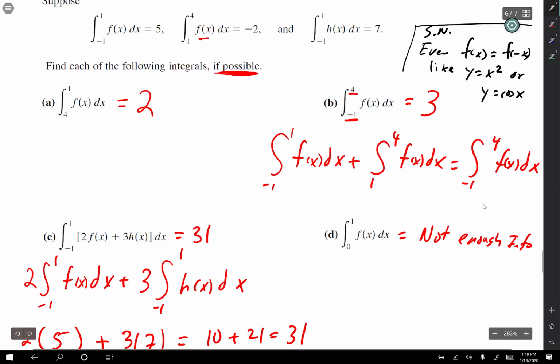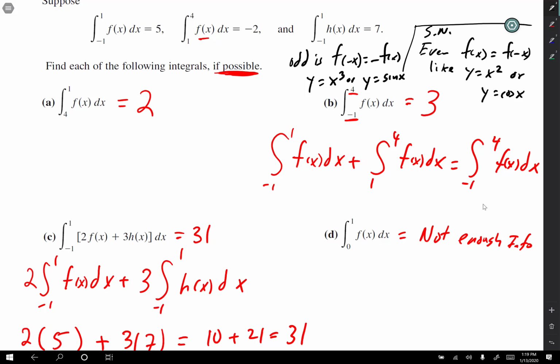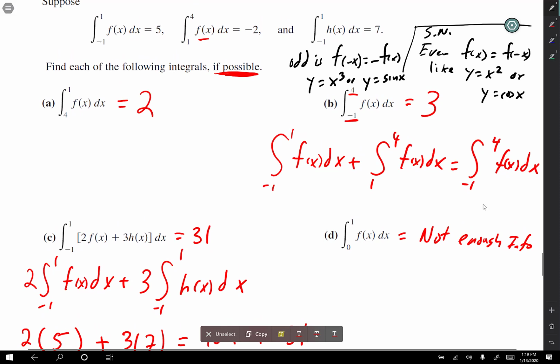And odd is where f of negative x equals negative f of x, like y equals x cubed or y equals sine x. That helps. If they would have told us that f of x is even, then I could just take 5 and divide it by 2. Y equals x is odd.